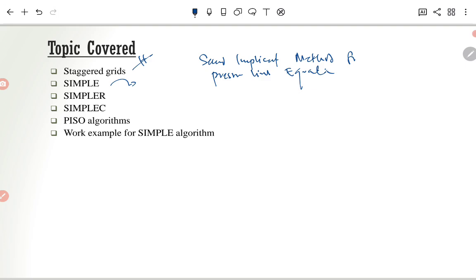We call it SIMPLER, that's SIMPLE Revised. And then another SIMPLE method that was modified to improve both SIMPLE and SIMPLER, we call it SIMPLE Consistent.